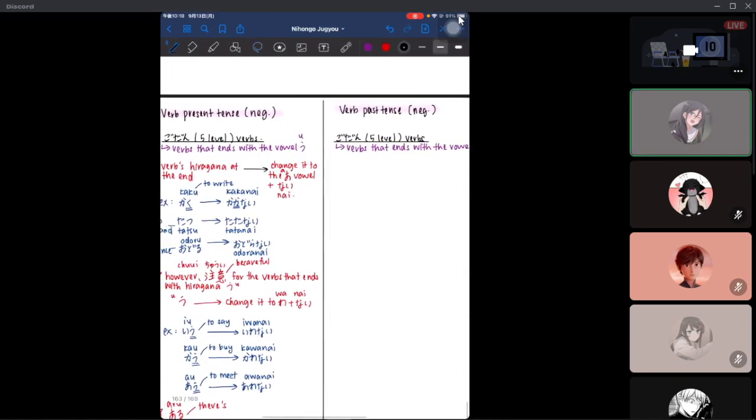And what you have to do is take the nai part from the verb's present tense negative.